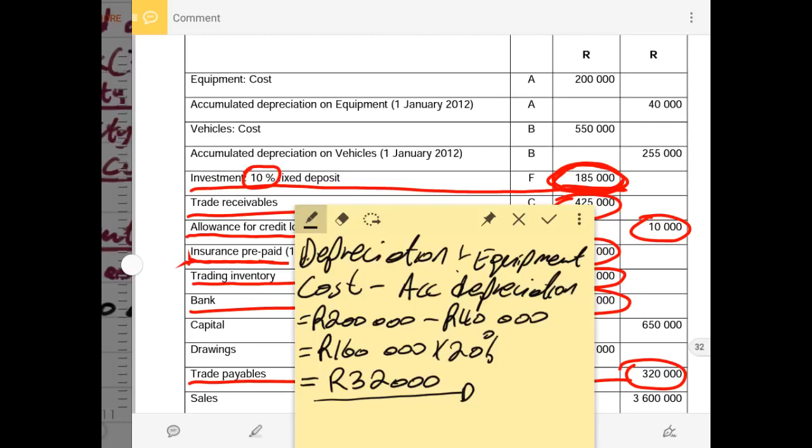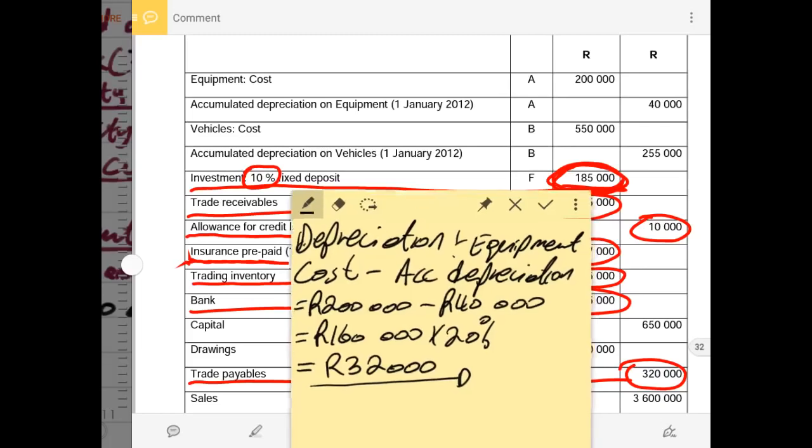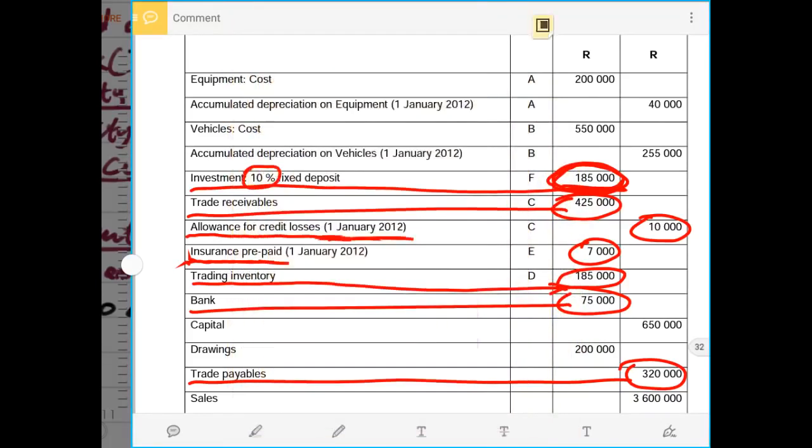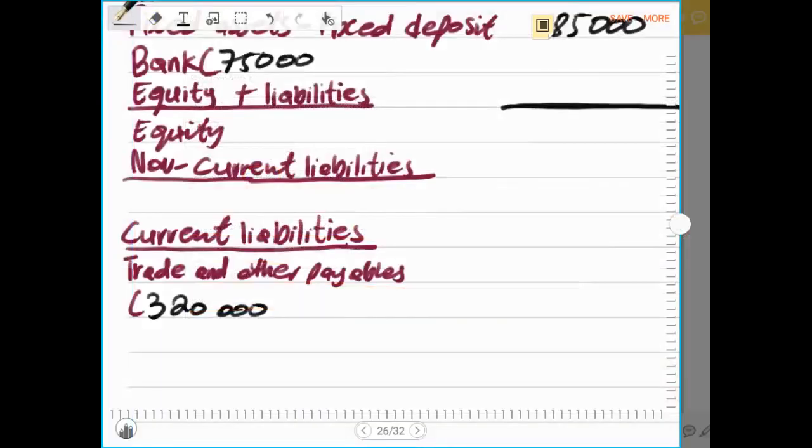So now this will be recorded in the income statement, and it will also be recorded in the property, plant and equipment note. We can just immediately record that in all those statements.